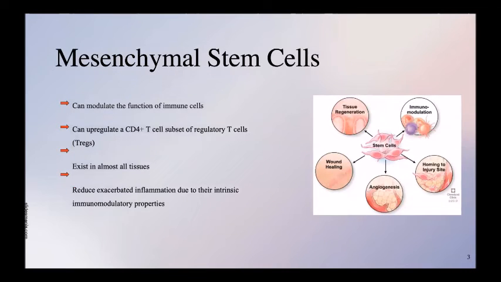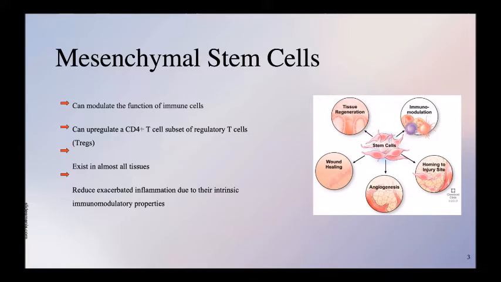One of the treatments that can be used in Crohn's disease is the use of mesenchymal stem cells. They exist in almost all tissues and are believed to reduce exacerbated inflammation due to their intrinsic immunomodulatory properties. There are three important steps among these immunomodulatory properties.